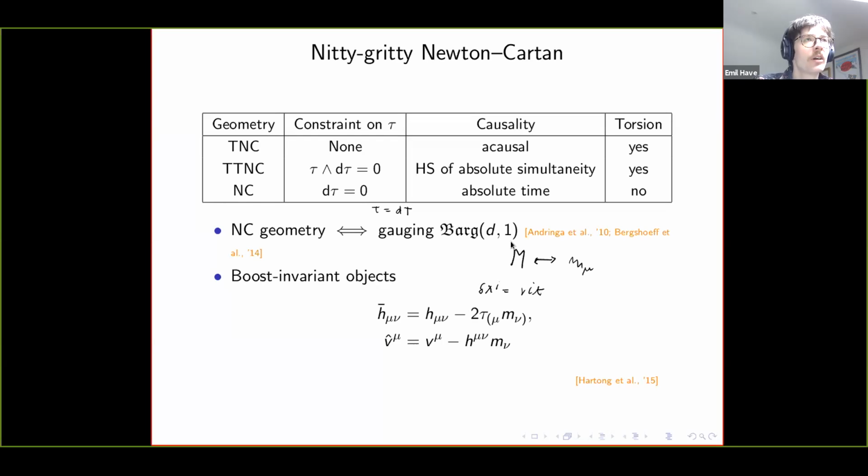If you gauge this algebra, you associate to each generator a gauge field. You write down a general connection on this algebra, some A mu, which is a sum over gauge field times generator. So in particular, you'll have something like m mu plus everything else.